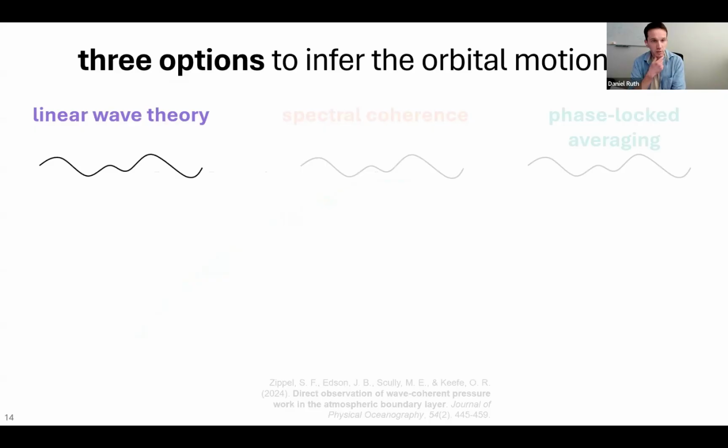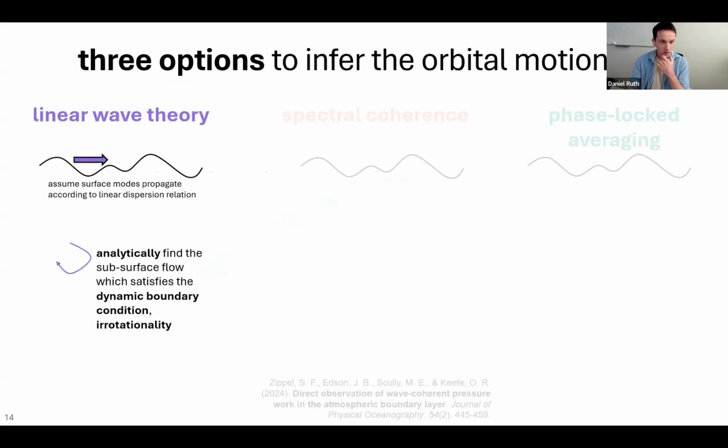So the first is using linear wave theory, where we have the snapshots of the water surface elevation. And we can assume that every mode we see here is going to be propagating to the right at a speed that's given by the linear dispersion relation. And once we can do that, we can just analytically find the subsurface flow, which satisfies this boundary condition.